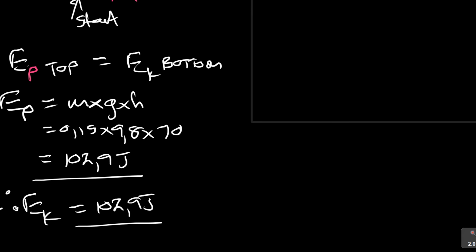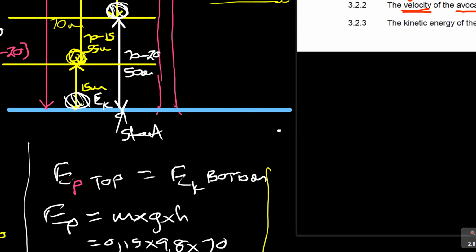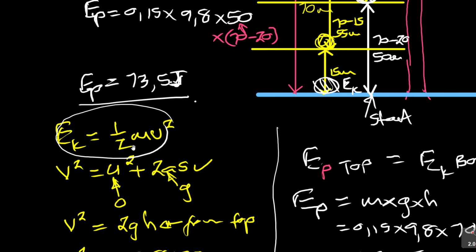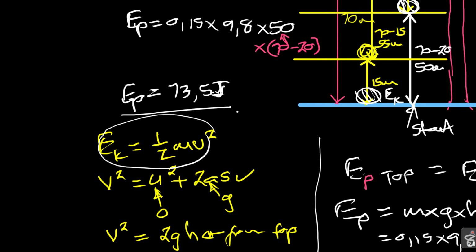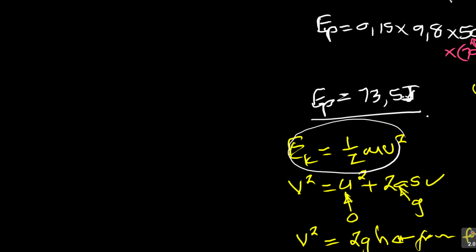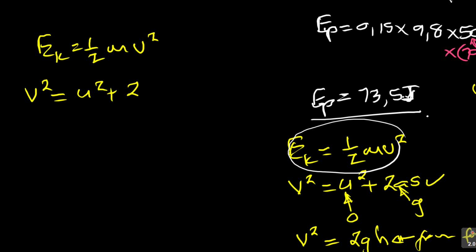Another way you could have done it, which is still fine, is to find the velocity at the bottom. Since the formula is EK is half mv squared, we can actually find the velocity here. To find the v squared, look at this. The formula says EK is equal to half mv squared, and I've got v squared is equal to u squared plus 2as.